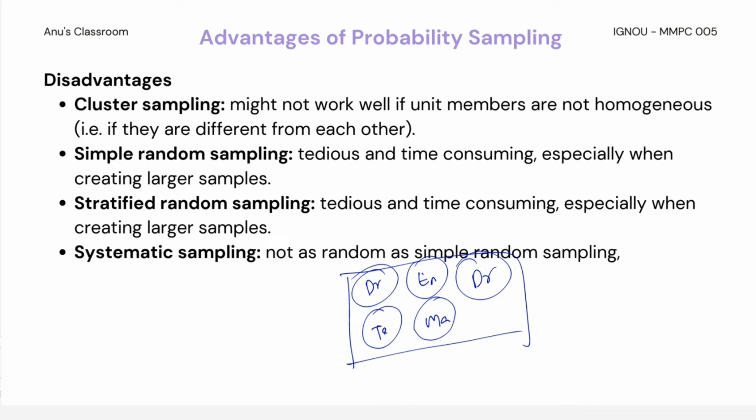Simple random sampling is very tedious and time consuming, especially when we have to create very large samples. Stratified random sampling also becomes very tedious and time consuming when we have to create larger samples.